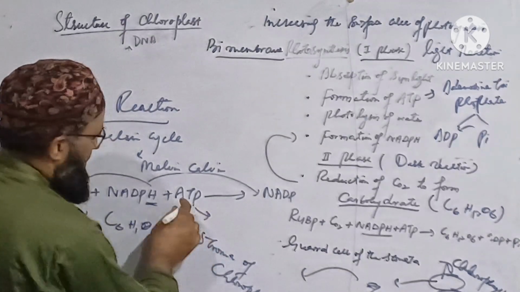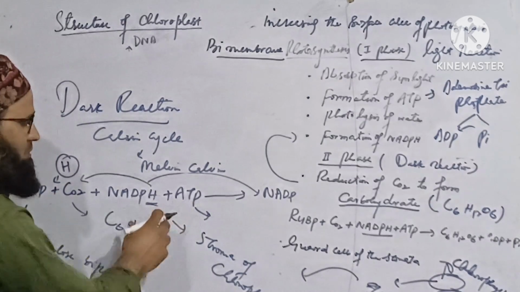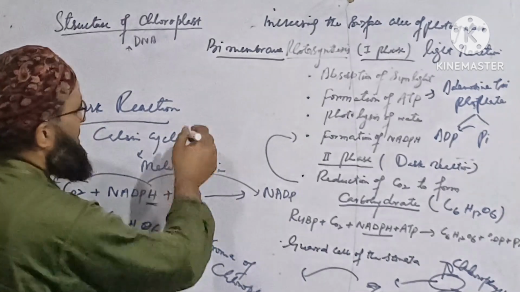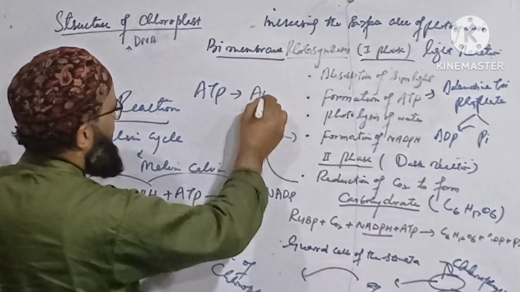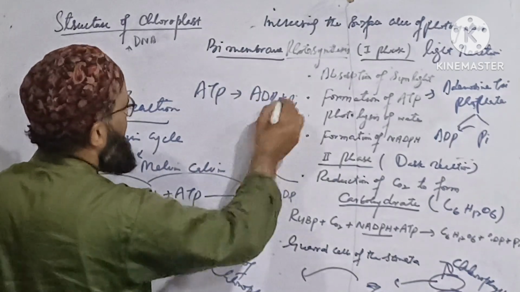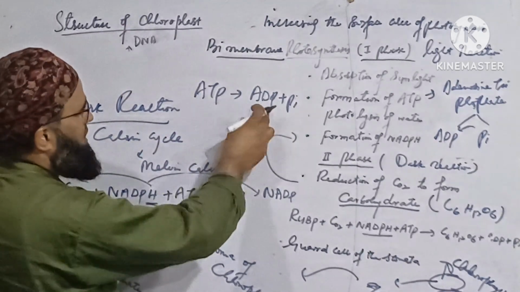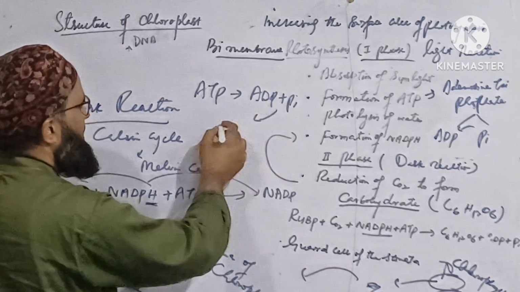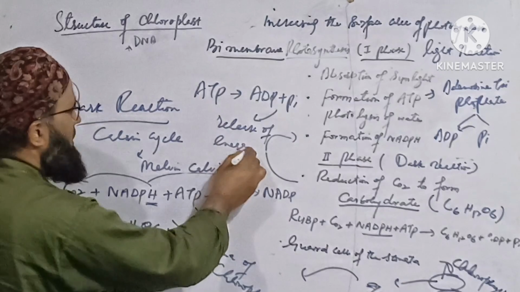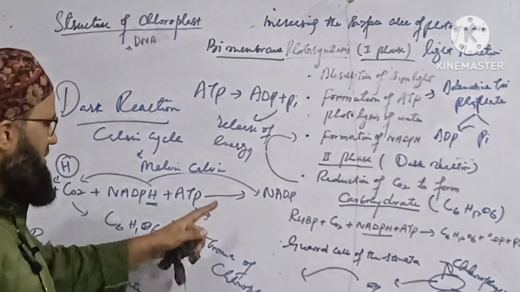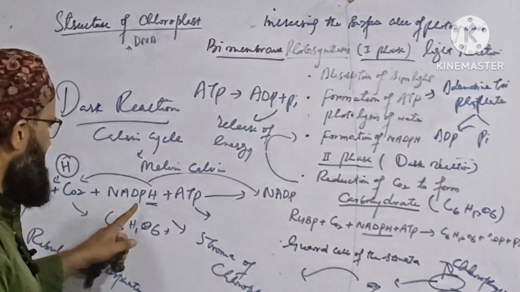When ATP is used as an assimilatory power, it provides energy. But how does it provide energy? ATP is broken down into ADP plus inorganic phosphate. When ATP is broken down into adenosine diphosphate plus inorganic phosphate, there is a release of energy. This release of energy is used in carrying out this whole process.